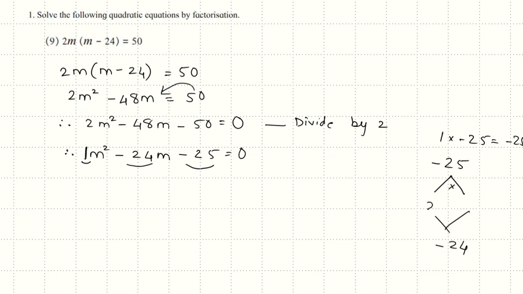So 25 comes in the 25 table. 25 into 1 is 25, and one of the numbers should have a minus sign because it is minus 25, and its addition should give us minus 24.